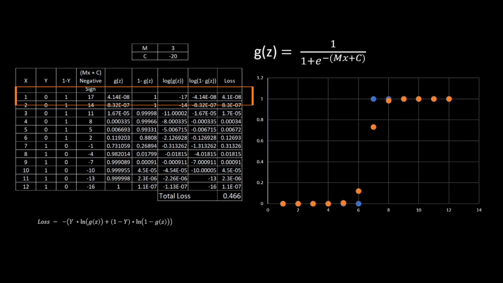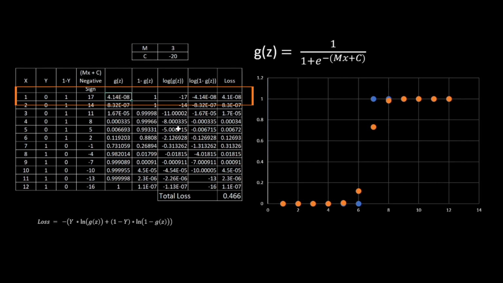Let's take the first line where you have only studied 1 hour and you were not able to clear the exam. So actual is 0 over here, and your probability of clearing the exam is gz, which is very low. It means you are giving a correct prediction. So in the gz column, check out the first row.